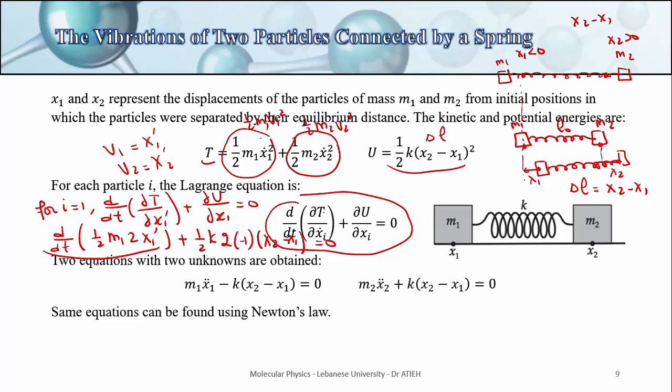Now let's take the derivative with respect to time for the first term. The halves and 2s cancel, we get m1 x1 double prime minus k (x2 minus x1) equals 0.